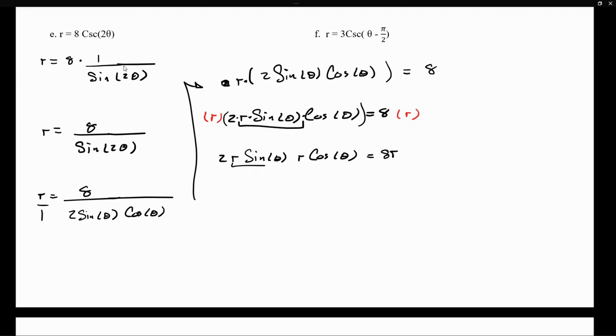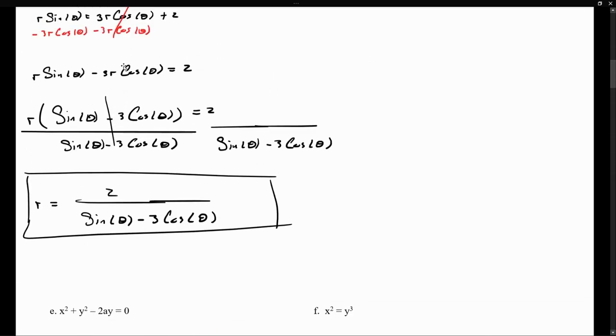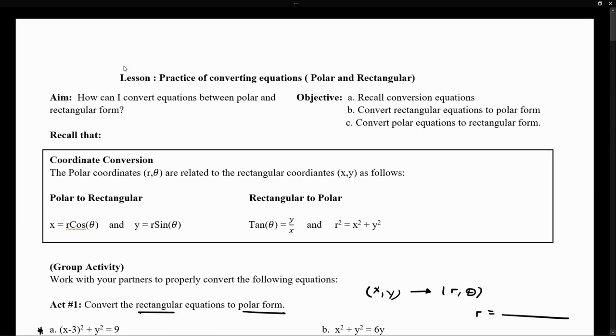Now I have what I wanted, because r sine is just y and r cosine is just x. So we're almost done, because the only thing we need to get rid of is r. But we do have an expression for that. I know that r squared equals x squared plus y squared. So if I take the square root on both sides, r is equivalent to the square root of x squared plus y squared.